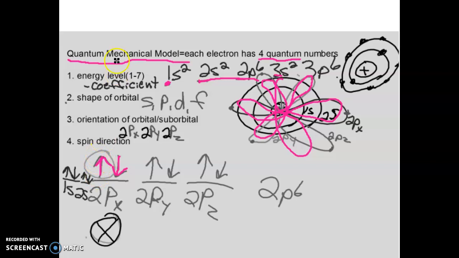Because even if they have the same energy level, the same shape of orbital, and the same orientation of the orbital, they're going to have different spin directions, right? So they can have 3 out of the 4 that are the same, but no 2 electrons are going to have the same 4 quantum numbers.